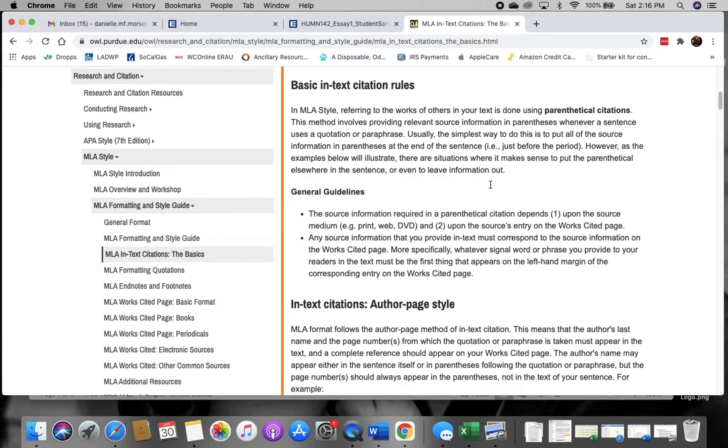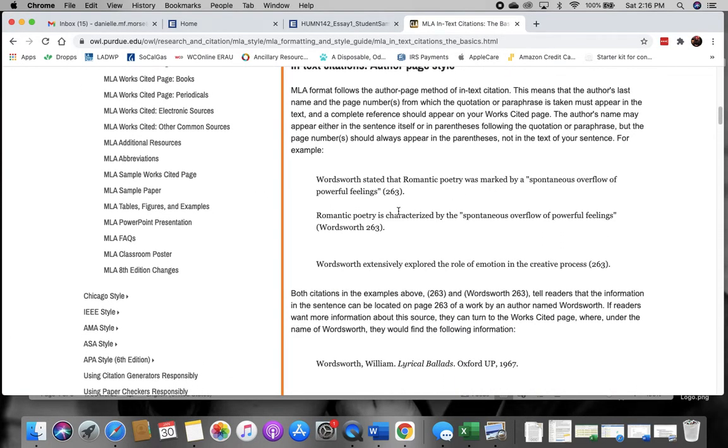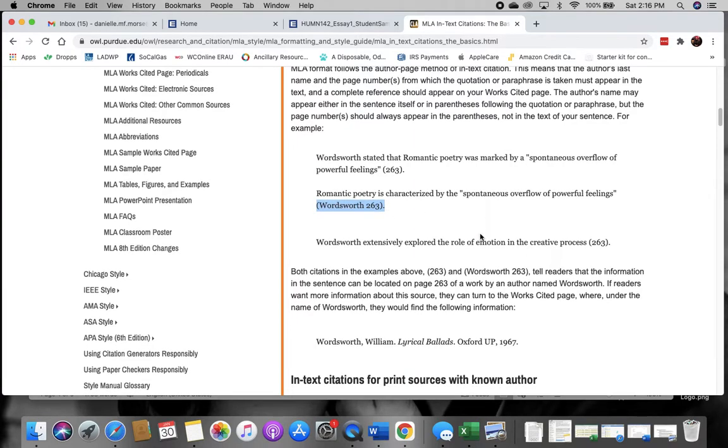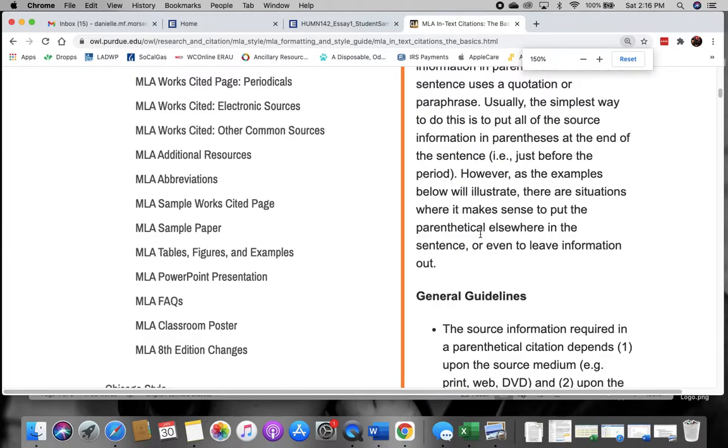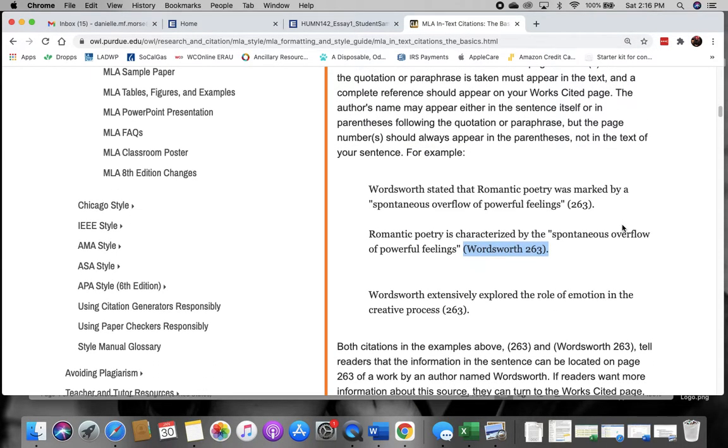You can see here, and this is why I say that MLA in-text citations are easier than APA, because when you're in APA, you've got punctuation in your in-text citations.